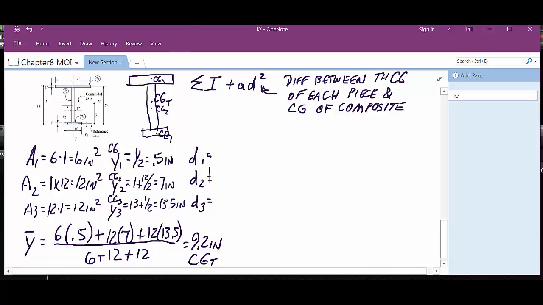So from the center of gravity of this first piece up to the center of gravity of the total is going to be 9.2 minus, huh? I get 8.2 or 8.3 when I type that in.